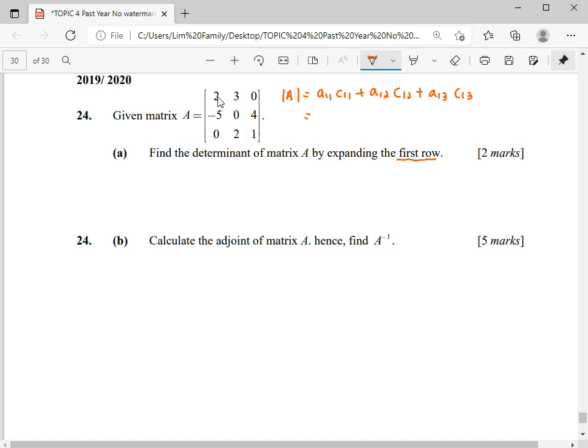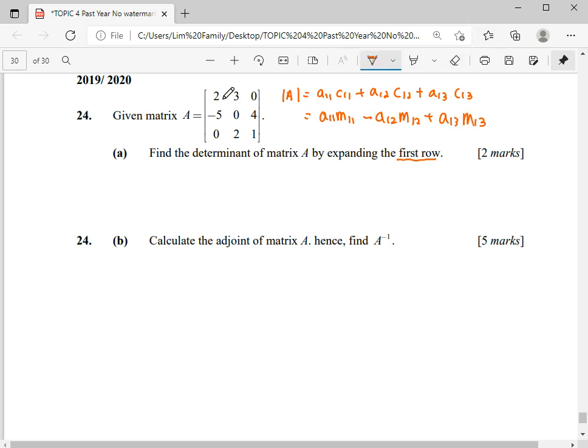The cofactor equals plus or minus the minor. So cofactor 11 is positive minor 11, but cofactor 12 is negative, and cofactor 13 is positive minor 13.